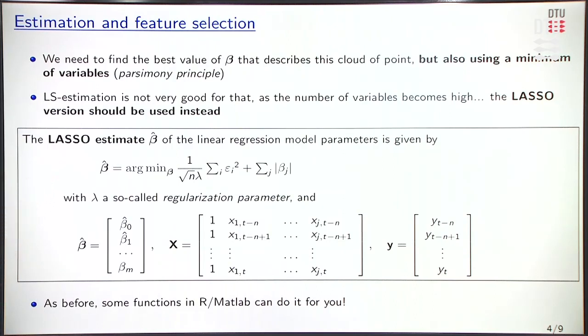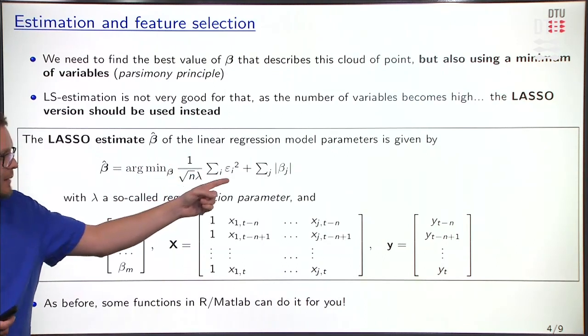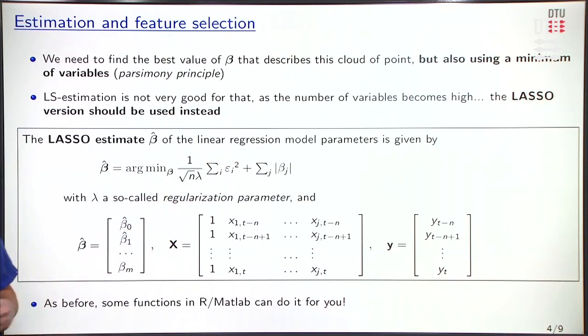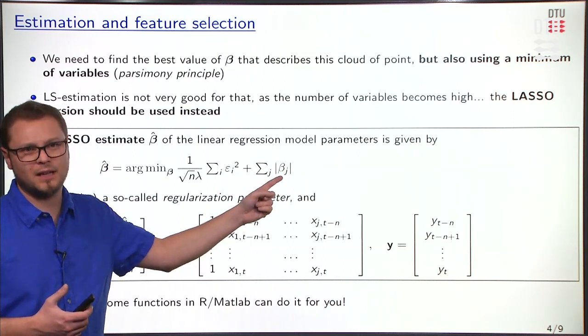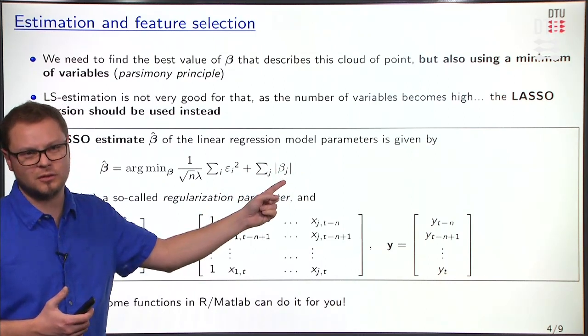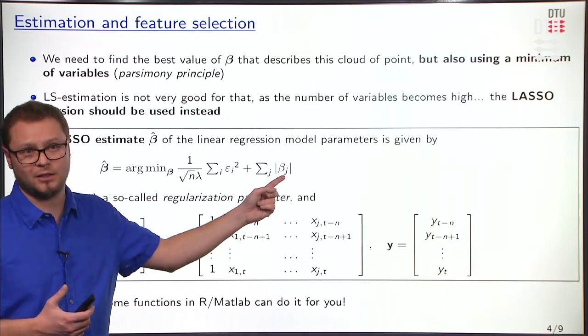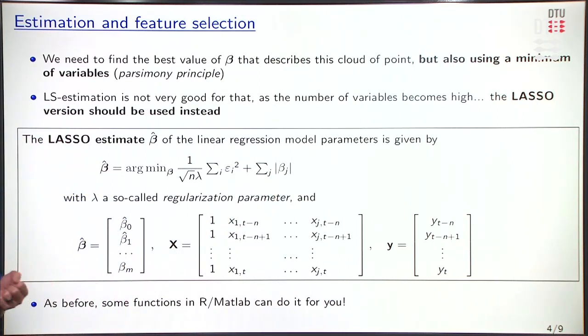Formally, the lasso estimate for linear regression model parameters is given by the minimization over beta of a scaling times the quadratic loss that we had before, so the sum of the squared residuals, plus, and this is where it gets interesting, we also try to minimize the L1 norm of your model parameters. The L1 norm here is the sum of the absolute values of your parameters. So you're going to try to push them down and have as many as possible of them being equal to 0.